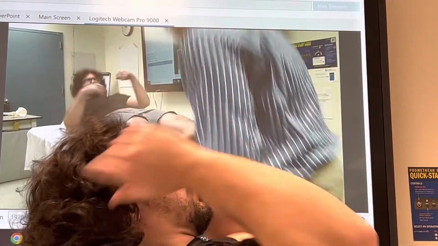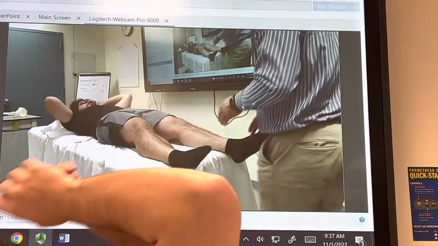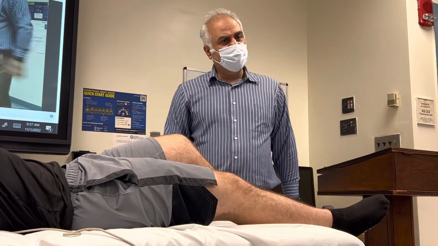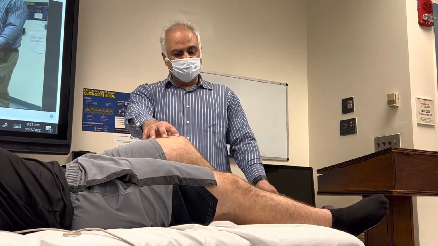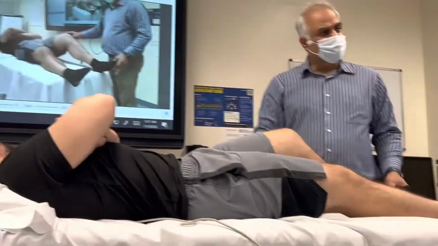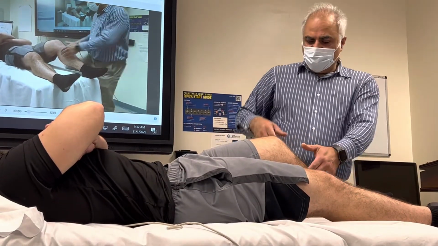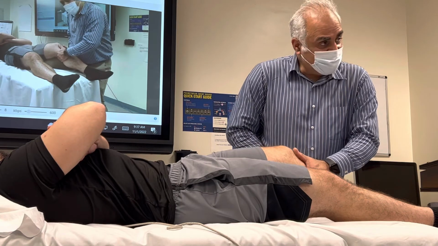So, anterior tibial dysfunction. The problem is that the patient cannot extend. Let's say this is the amount of extension that a patient has. So you apply distraction.